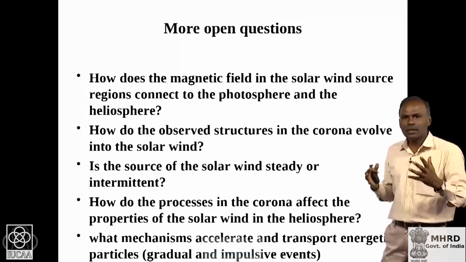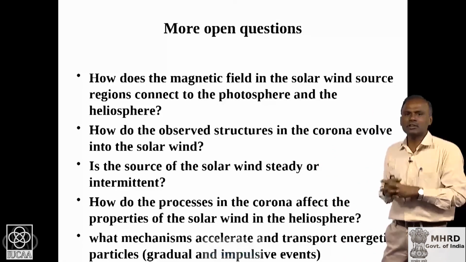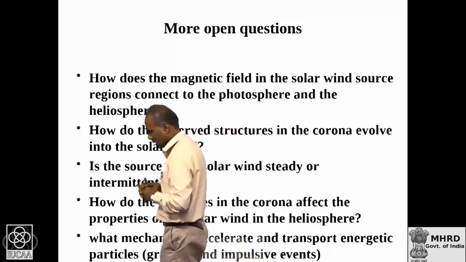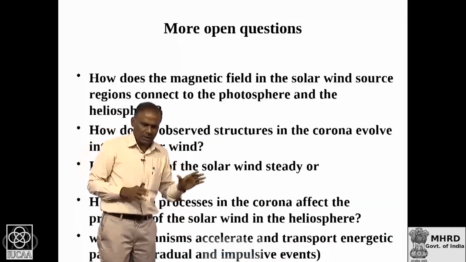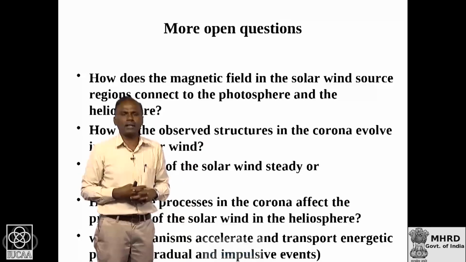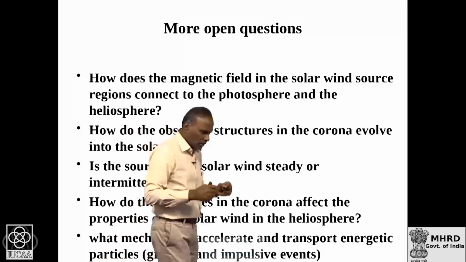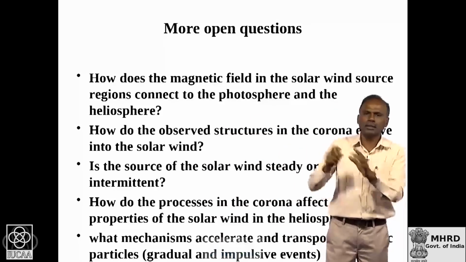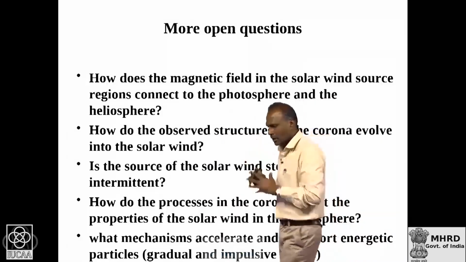Next, what mechanism accelerates and transports energetic particles from the sun to earth? Energetic particles can be high speed streaming particles. What causes them to be transported from coronal origin to near earth space or beyond?